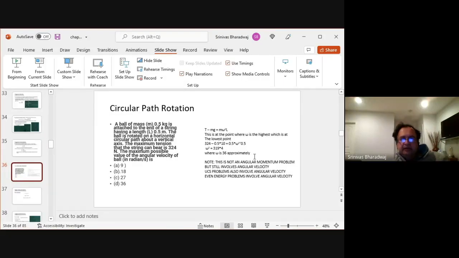T equals m omega square L. Therefore omega square equals 324 times 2 times 2. So omega is approximately 36. Very simple.